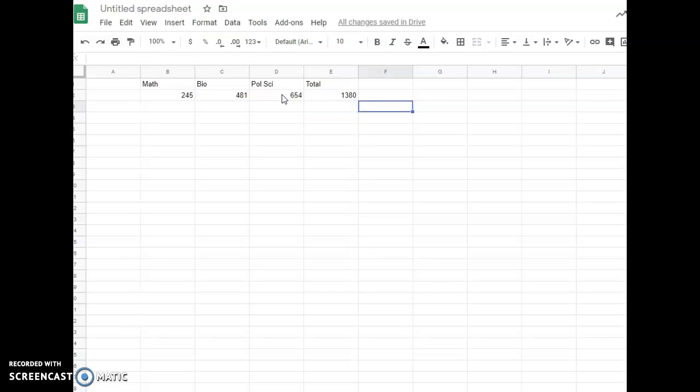Now, what's the first thing we need to do? We need to find the standard divisor. And if you remember, how do we find the standard divisor? It's the total over the number of seats. So we have 1380 divided by 40, and we get 34.5.